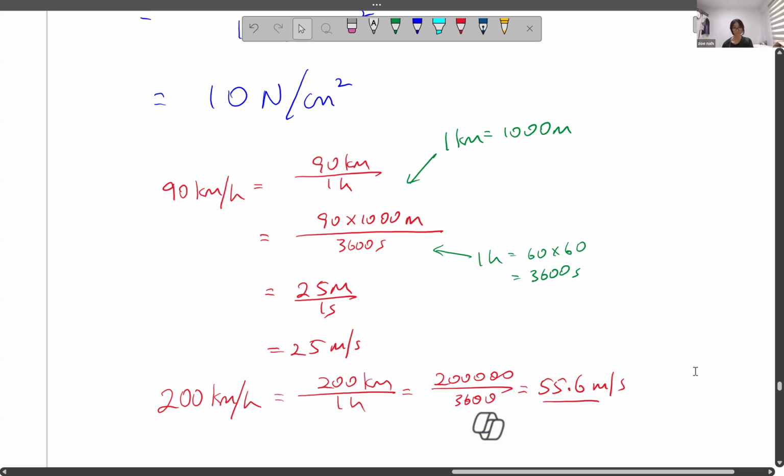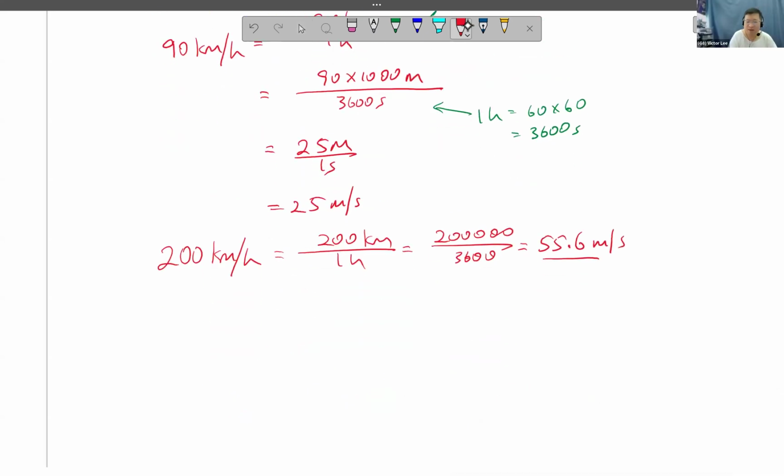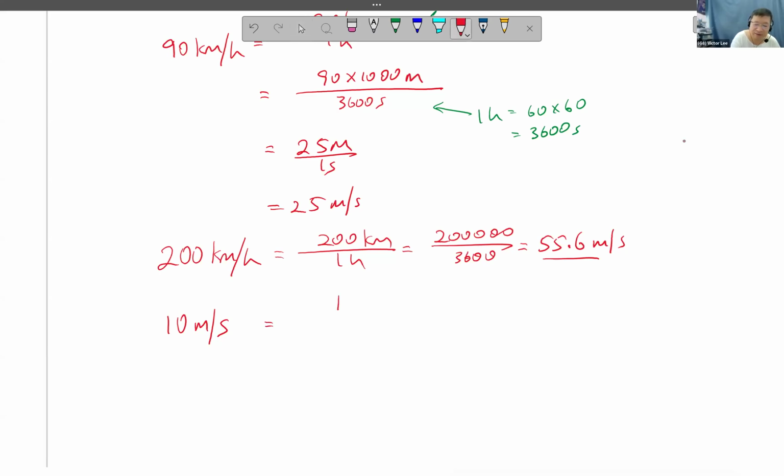Okay? All right, now I want you to try to do the other way around. For example, I cycle a bicycle at 10 meters per second. I'm not sure how fast that is. So can you convert to kilometer per hour? 10 meters per second. So now it's not times, now it's divide. Remember just now we did times?